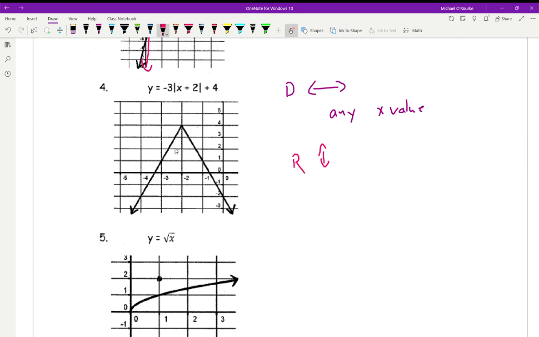You can see here, it goes down forever, but it stops right here. It stops at 4. So it's going to be any number less than 4, because it goes up to 4 and then goes down.